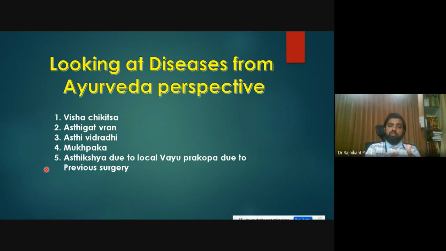I am talking about the previous case, the lady's case, or Asthi Kshaya due to local Vayu Prakopa due to previous injury. We all know that when there is Vayu Prakopa, Asthi Dhatu Kshaya will be there. Vice versa, when Dhatu Kshaya is there, we have Vayu Prakopa. So this is due to the previous surgery; Vayu Prakopa was there. Asthi Kshaya due to Vayu.